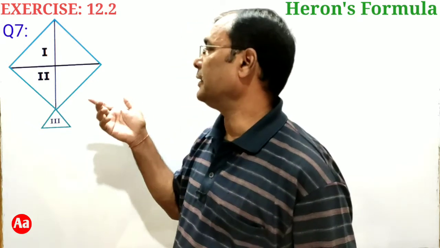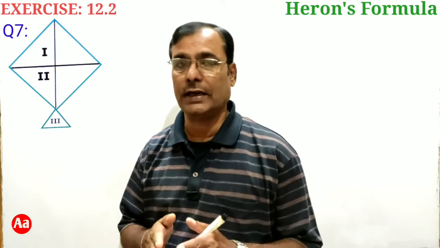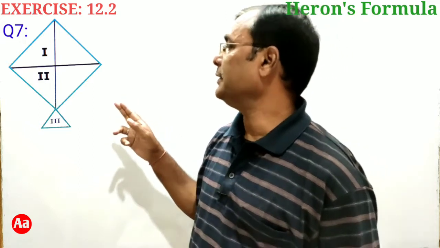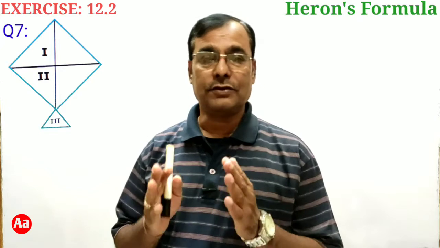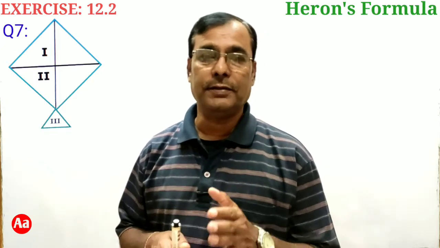Diagonal is given 32 centimeter and both the diagonals of a square are equal. So both the diagonals of this square part of the kite will be equal. And a square is a rhombus also. And how to find the area of a rhombus?